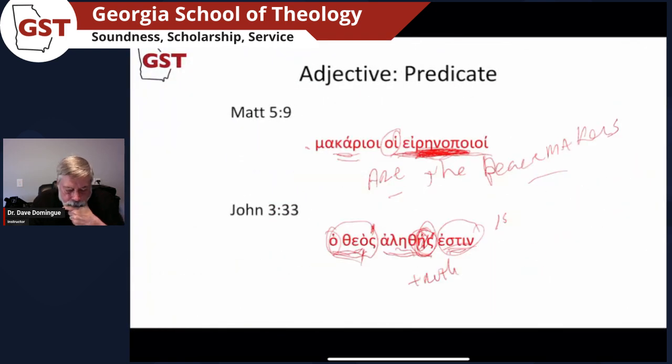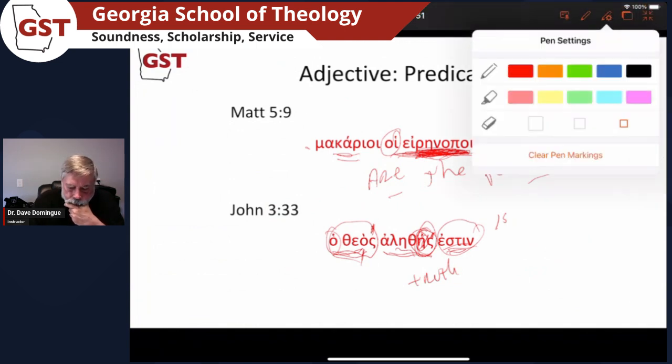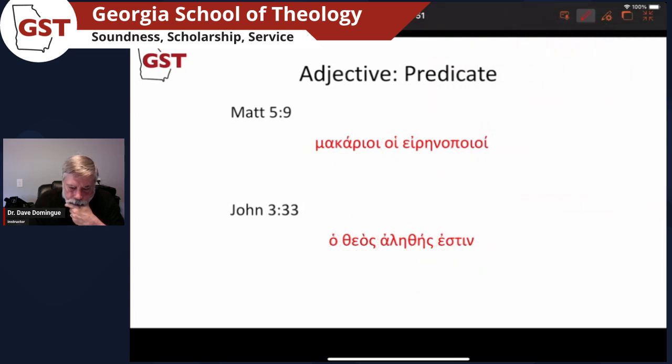What am I missing here? Let's work this out together. Okay, let me look at the word itself. Alethes. Hold on a minute. That's 3:33.